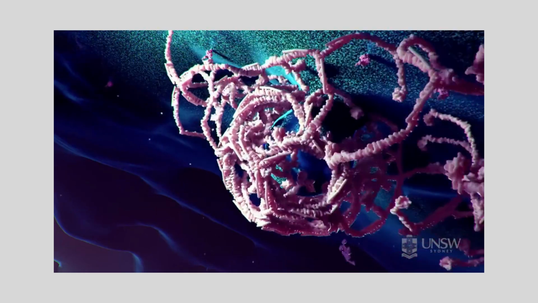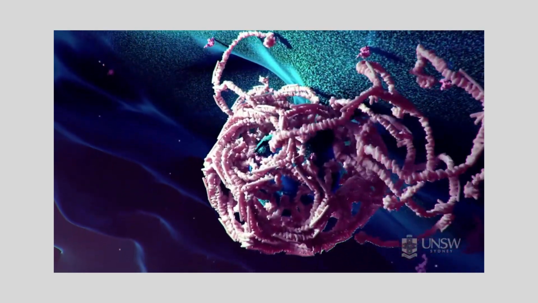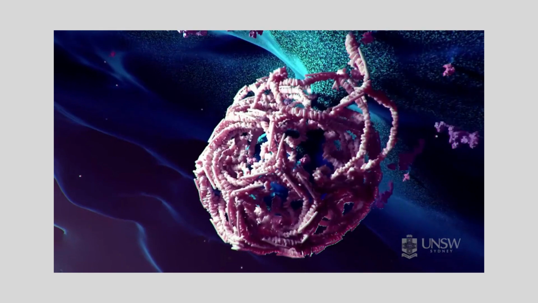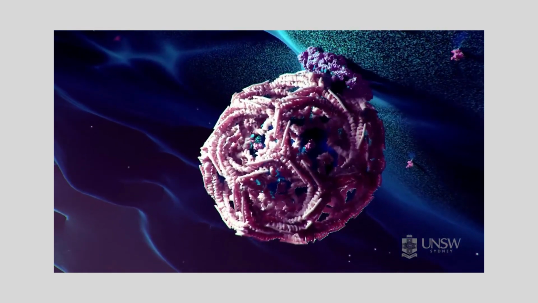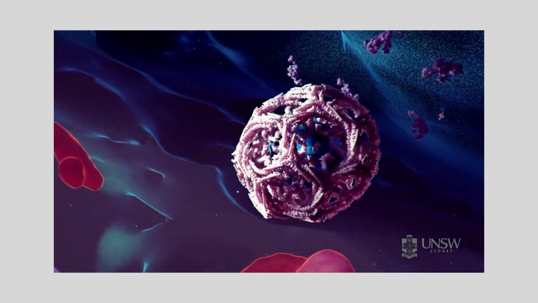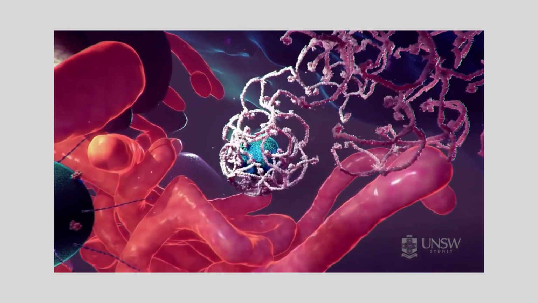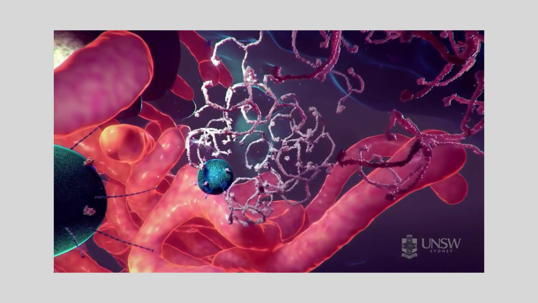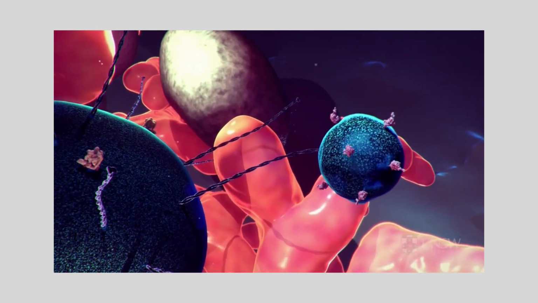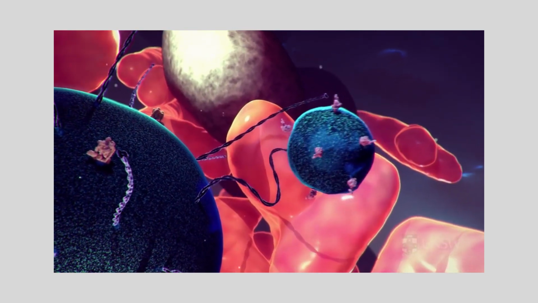Inside the cell, clathrin proteins form a cage around the developing endocytic vesicle, which is then cleaved from the cell membrane. The newly formed vesicle carrying the nanoparticle travels further inside the cell, where it is captured and fuses with an early endosome.